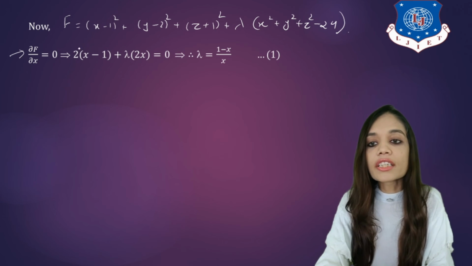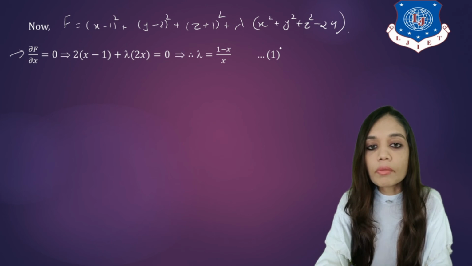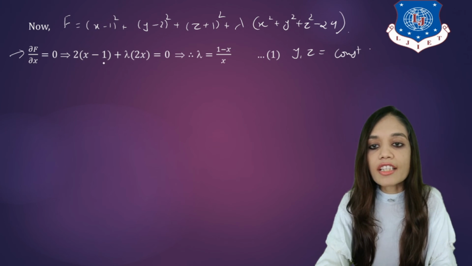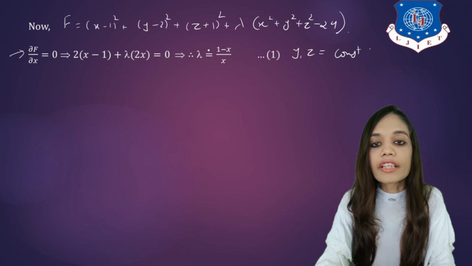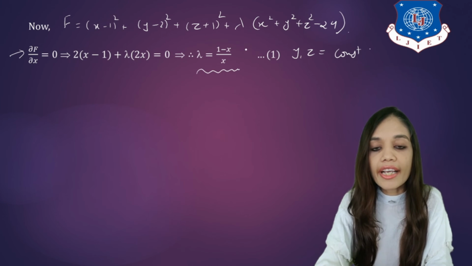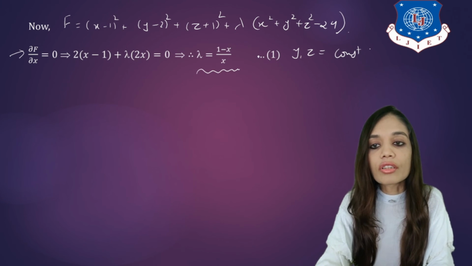So now let us find the derivative with respect to x, keeping y and z as constant, right? So the derivative will be 2 times (x minus 1) plus lambda times 2x is equal to 0. Therefore, lambda will be equal to (1 minus x) upon x. Name this as equation 1.